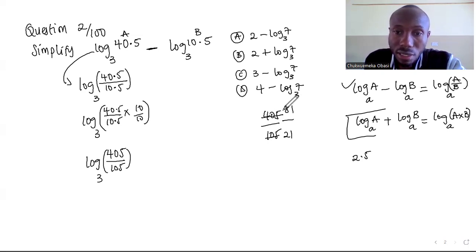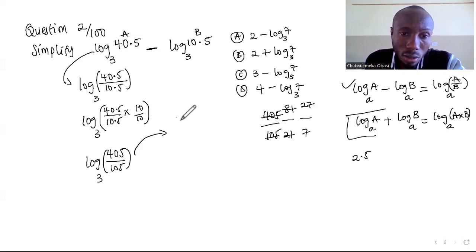So if 3 divides 8, you have 2 remainder. 3 times 2 is 6, remainder 2. So 3 divides 21, you have 7. So we have 27 over 7. That is what we've got, right? I think nothing else can divide this point. So finally, this whole stuff is just going to be log 27 upon 7 base 3.